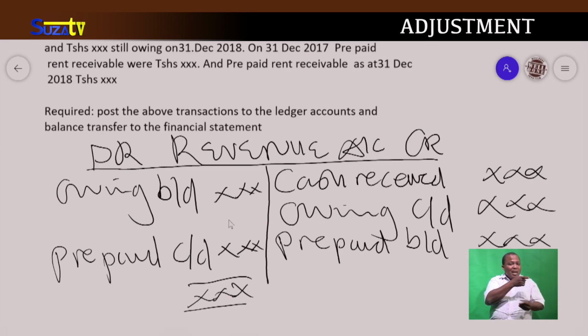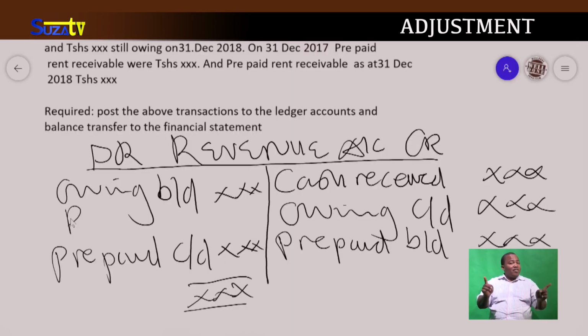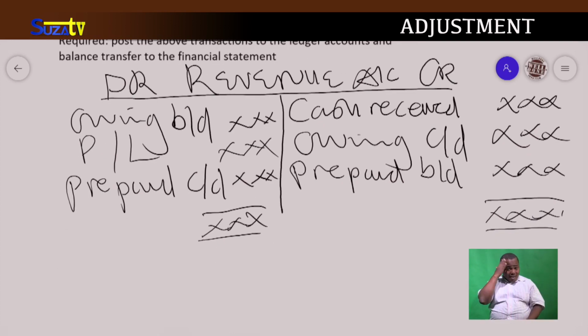Always for revenue, the credit side will be bigger than the debit side. The difference you put on the debit side, you say P and L. Have you understood it?